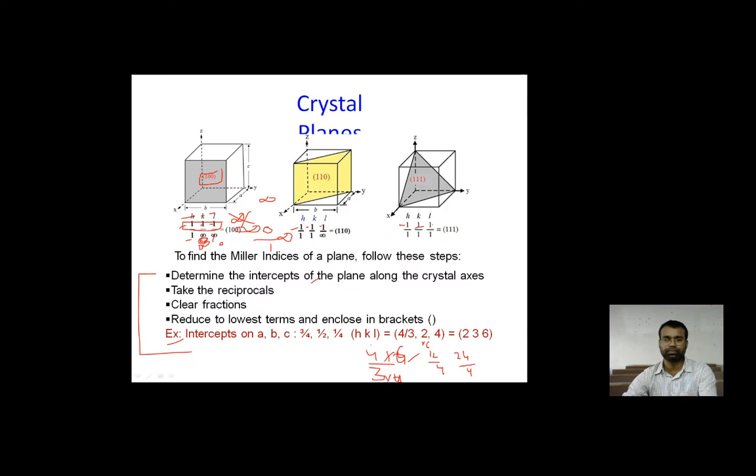For these intercepts, we need to manage the fraction, and we multiply by 6 and by 4. That is 6 into 4, which is 24, divided by 12, that is 2.